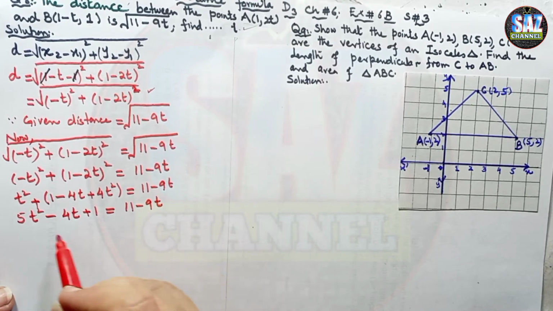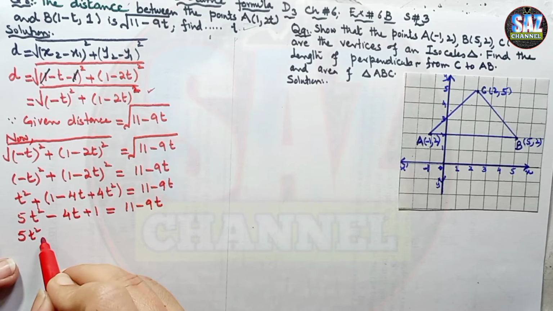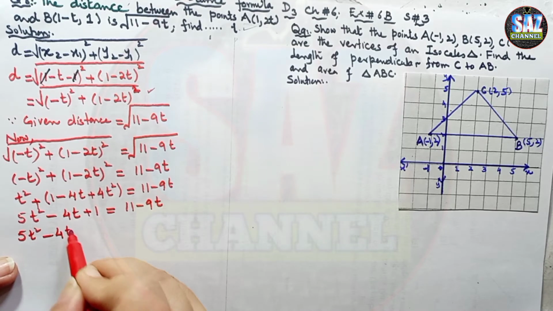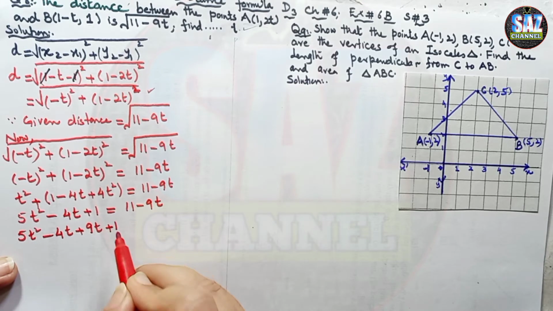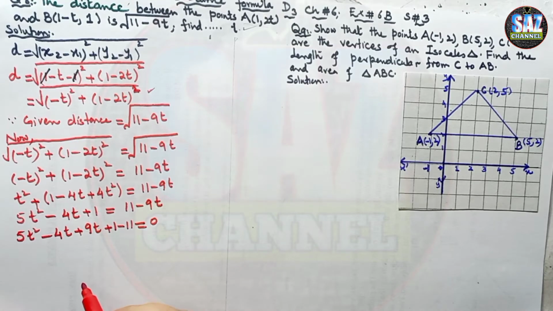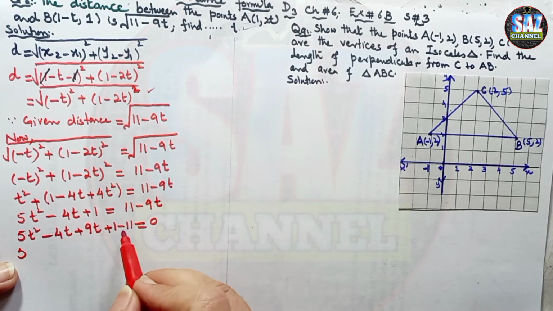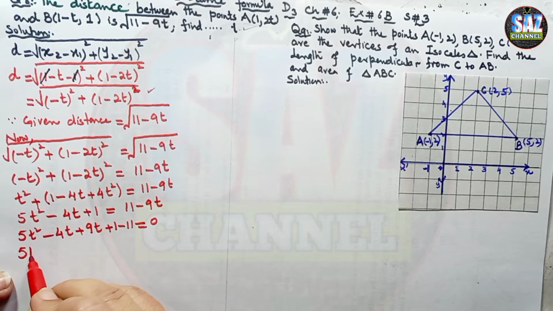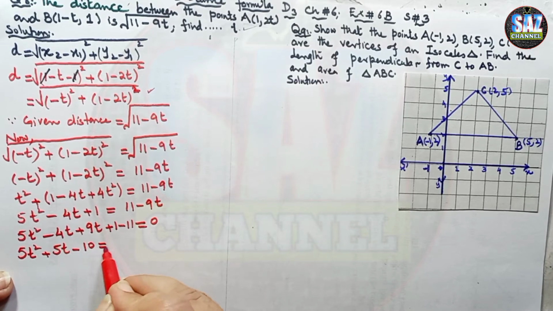Now bring like terms on the same side. Now 5t square minus 4t plus 9t plus 1 minus 11 equals 0. Now we can simplify minus 4t and 9t, and 1 minus 11, and the equation will take the form 5t square plus 5t minus 10 equals 0.